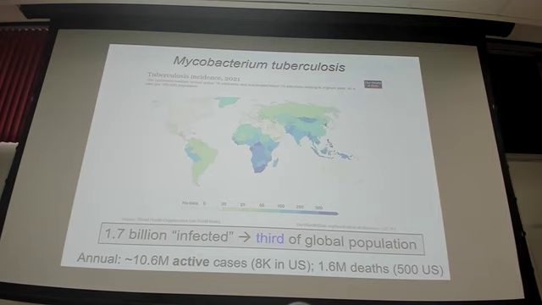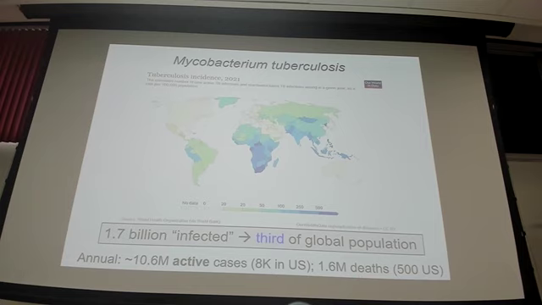Globally, 10.6 million active cases. So this is not LTBIs, not latent tuberculosis, these are active cases. We have about 8,000 in the US. If you do the math on that, we share a disproportionately low burden of global active TB cases, and that's because of all the really rigorous screening and control programs we have in the United States.